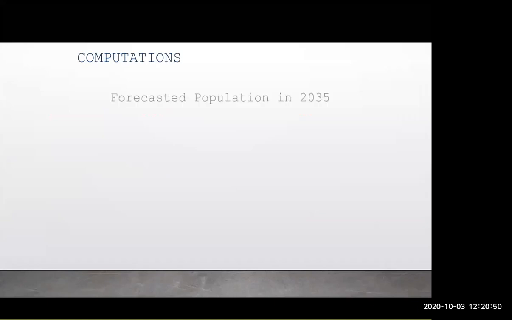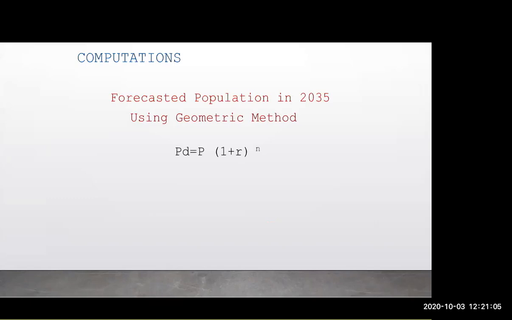So for the computations, first thing is to forecast the population from 2010 to 2035. That is the start of the service of your STP. So you're given here the formula for the geometric method for forecasting your population.